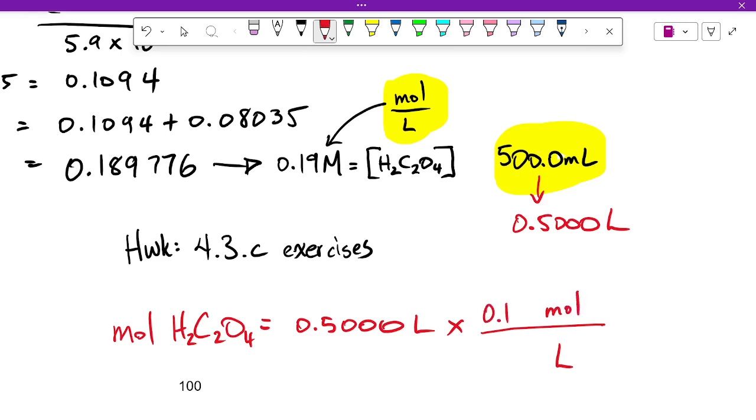So 0.1897 or 8, I guess, times 0.5 equals 0.0949, which then becomes 0.095 moles of H2C2O4. Is good? Okay.